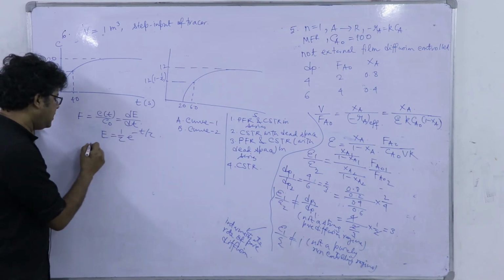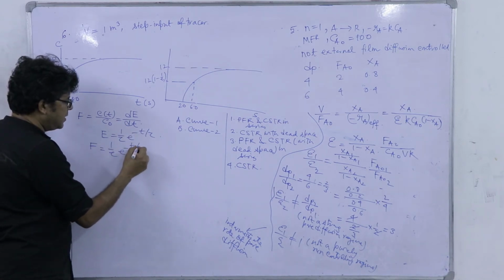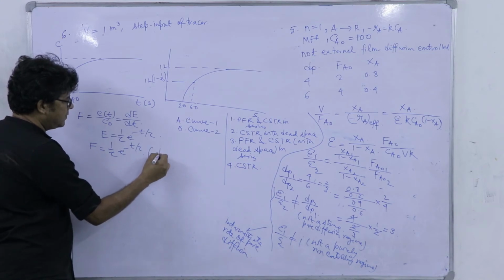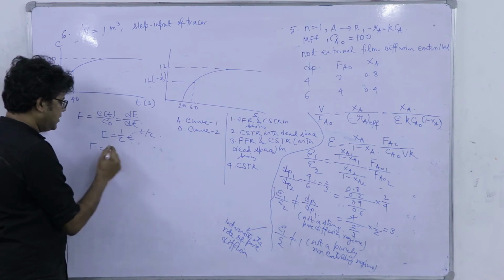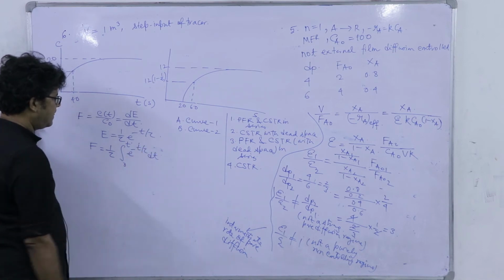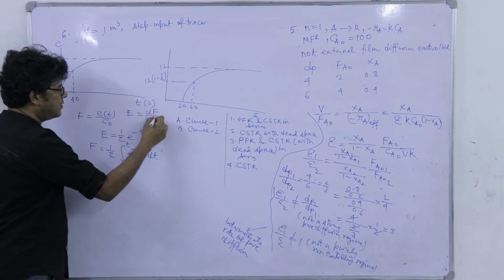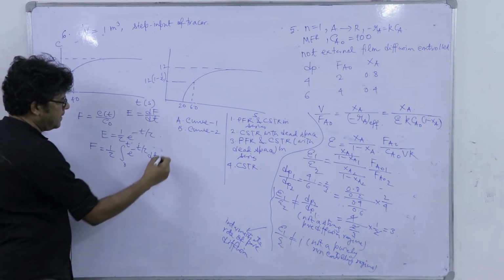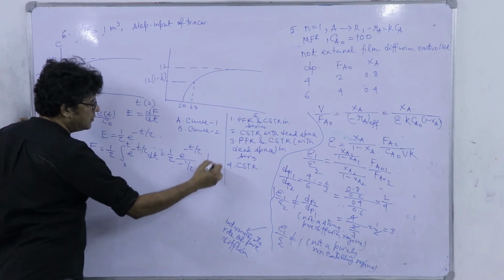So, E is dF by dt, so F is the integral of E dt. So, it is 1 by tau, integral 0 to t, e to the power minus t by tau dt, which gives 1 by tau e to the power minus t by tau divided by minus of 1 by tau, from 0 to t.